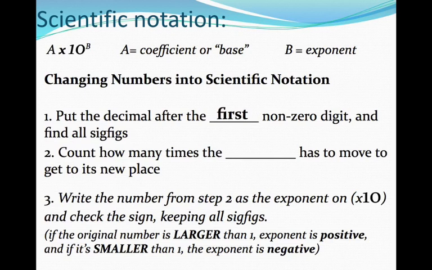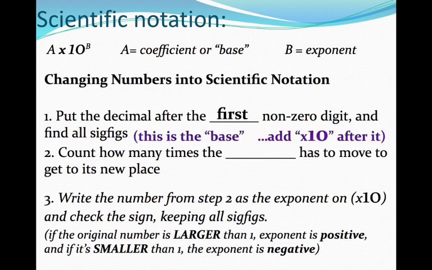Now, that's important. There are other types of notation where the decimal can be in different places, but in order to be proper scientific notation, which is what we expect from you in this science class, the decimal's after the first non-zero digit. And that is going to create this base for us.